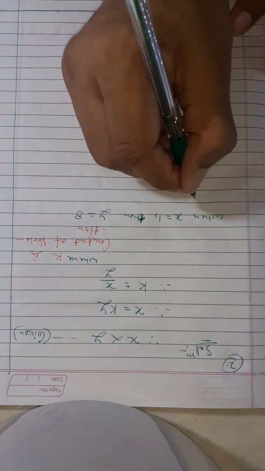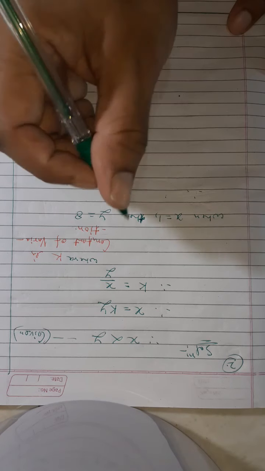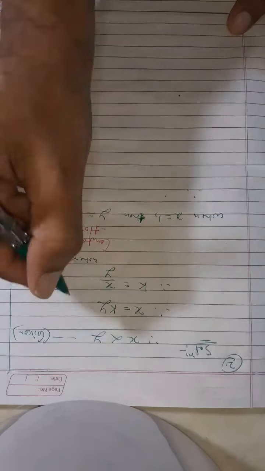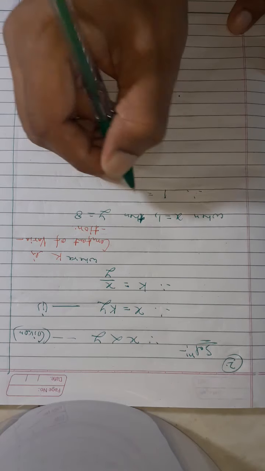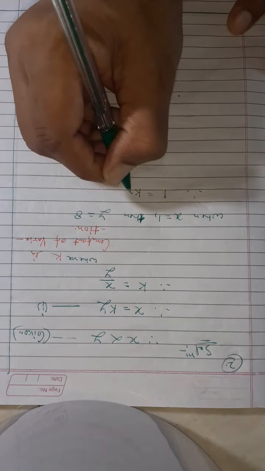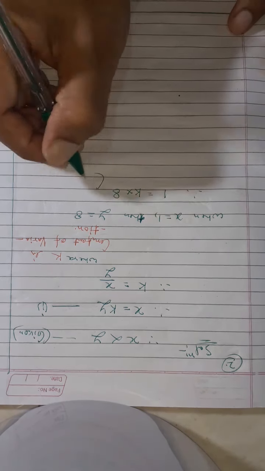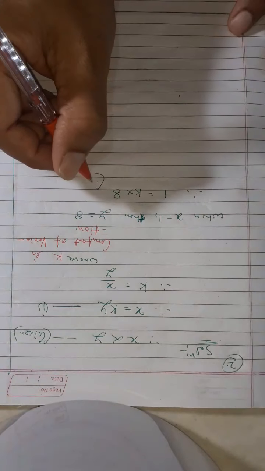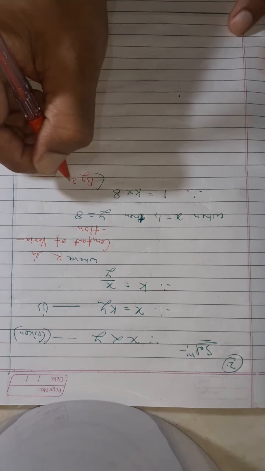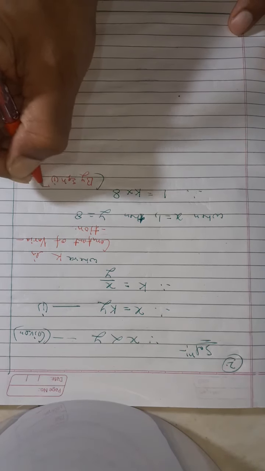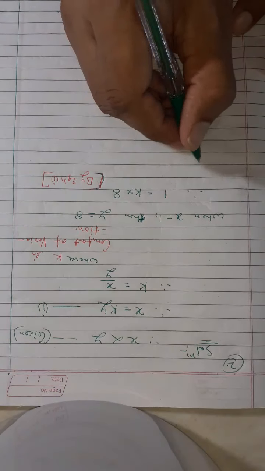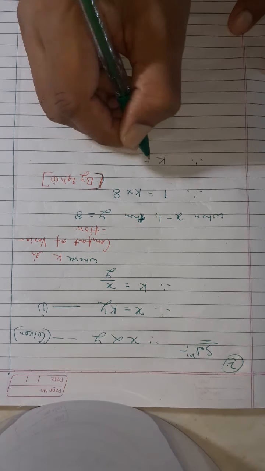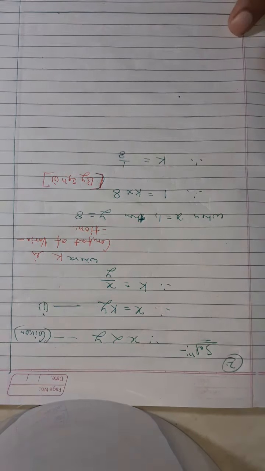Clear? Therefore 1 is equal to k into 8, this is equation 1. Clear? By equation 1, therefore k is equal to 1 upon 8.